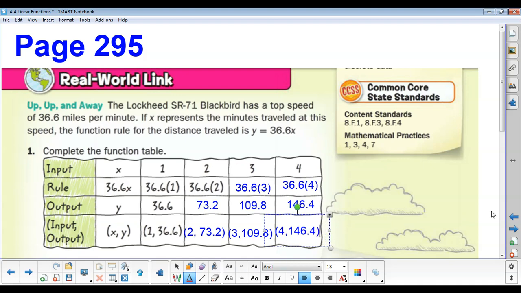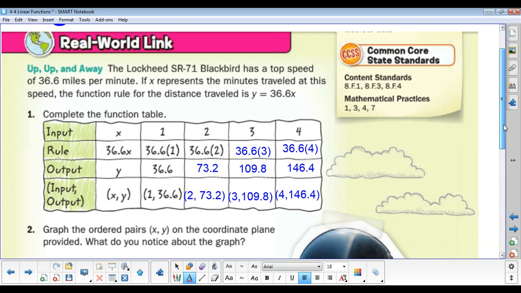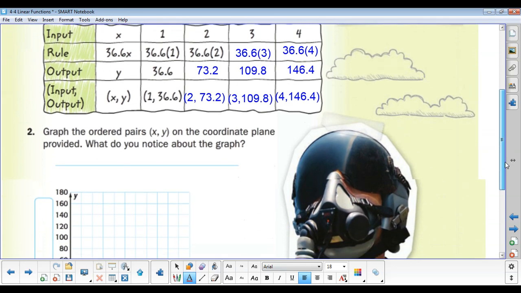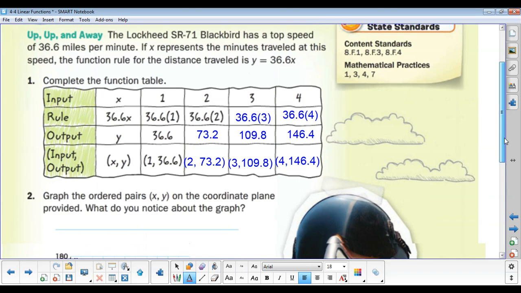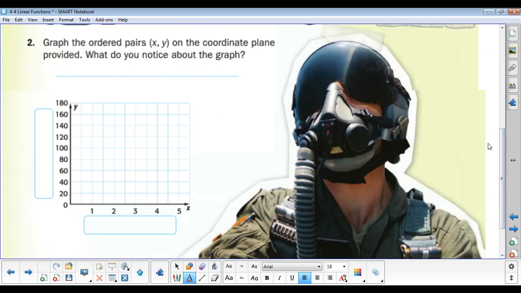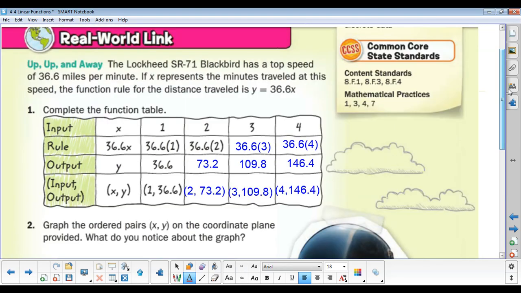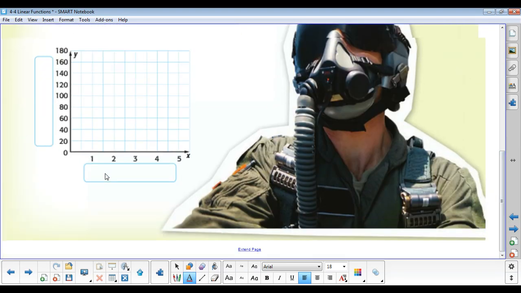All right. Now, next up, we need to graph those ordered pairs, which I'm sure is going to be an absolute treat for us. Let's make sure we know how to label our axes. Our two variables are the minutes traveled. So down here, I'm going to put time in minutes.